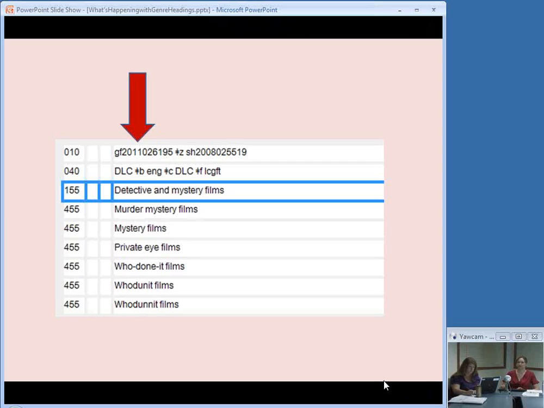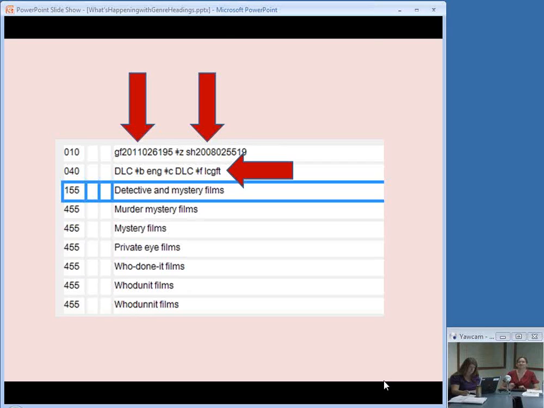They now have new control numbers that begin with the prefix GF to indicate that they are genre/form terms. They used to be considered subject headings as far as the control numbers went, even though they had 150 tags, so they had the SH prefix on their control numbers. Now that appears in subfield z to indicate that it's no longer a valid number, but it's still there for reference.